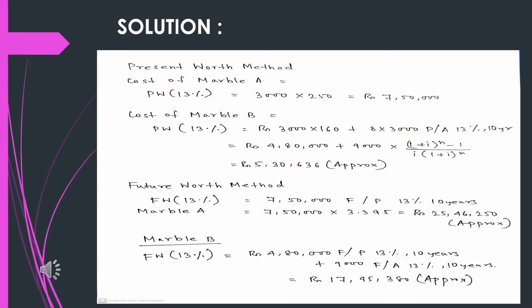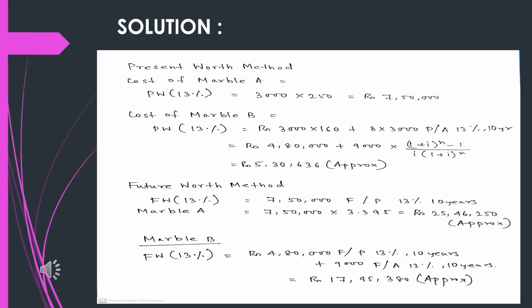Similarly, as we were saying, every single sum can be calculated by any of the three methods. If we calculate this in future worth, we take the same value of 7,50,000 for marble A and transfer it from present to future, getting approximately 25,46,000. Whereas for marble B, we transfer the value of 4,80,000 of the laying charges and material cost from present to future, and the annual polishing charges of 9,000 from annual to future.